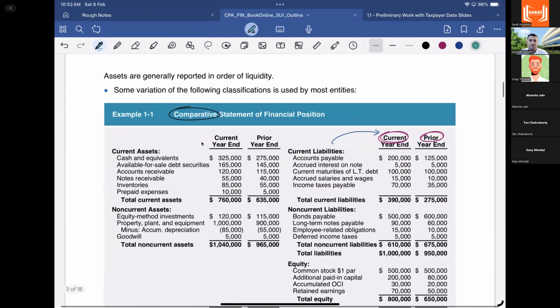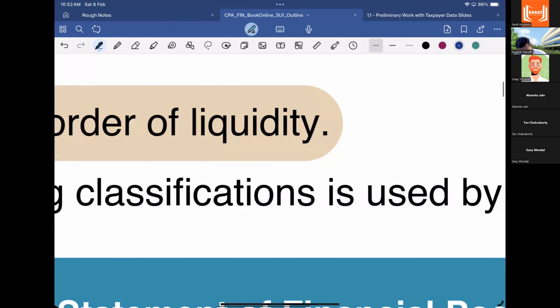So assets are generally reported in the order of liquidity. Okay. सबसे important चीज जो है, जो आपको ध्यान रखना चाहिए इस चीज का, just keep this thing in your mind that assets are always reported in the order of their liquidity. Now, what do you mean by liquidity over here? Just again, off track जा रहा हूं मैं थोड़ा.